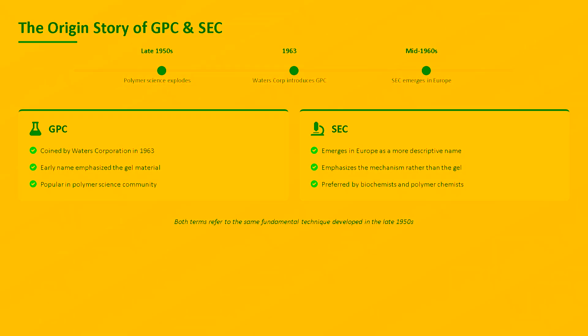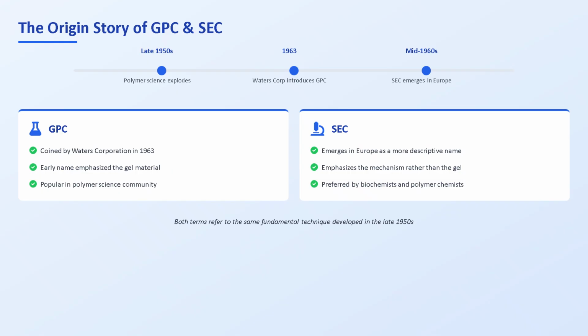To understand GPC versus SEC, we need to go back in time. In the late 1950s, polymer science was booming. Researchers desperately needed a way to measure polymer molecular weight without destroying the sample. Then, in 1963, Waters Corporation introduced gel permeation chromatography, or GPC.